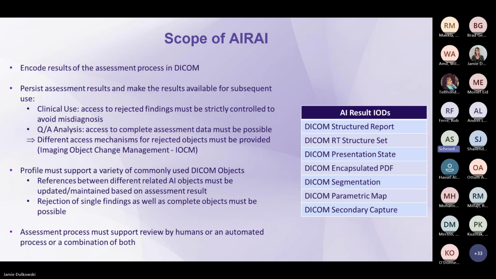And for the clinical use, we must strictly control access to invalid findings so that we really avoid misdiagnosis. So potentially we may actually need two different access mechanisms, because for QA analysis, you may want to have more detailed input as to what the findings are.